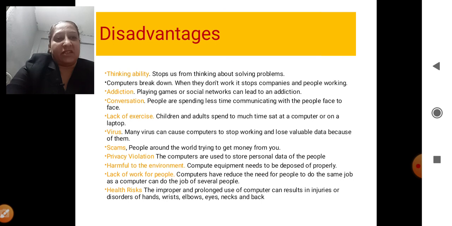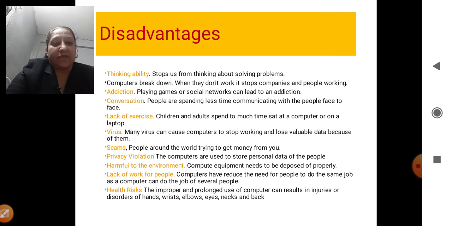As the computer can store bulk data, that is a plus point, but at the same time the disadvantage is that if a small virus enters the computer, it also simultaneously deletes everything stored in the computer. Another point is spams. Of course there are people doing fraud in every sector, whether it is stealing money monetarily or taking your data.